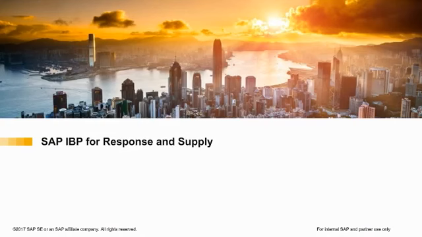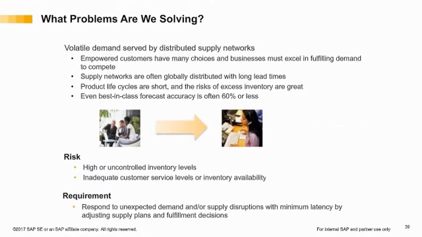So let's explore our last topic, SAP IBP for response and supply. So what problems are we solving? One of the main issues we address with SAP IBP for response and supply is the volatile demand, which is served by distributed supply networks.